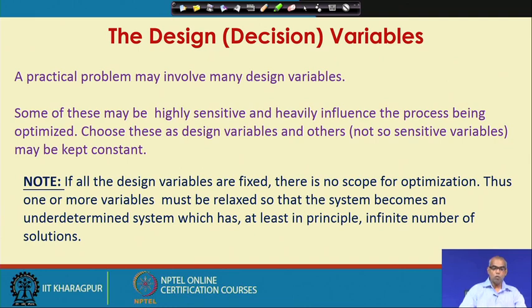Thus, one or more variables must be relaxed so that the system becomes an underdetermined system, which has, at least in principle, infinite number of solutions. So, if all the design variables of a given optimization problem are fixed, then there is no scope for optimization, because your system is completely defined and there will exist a unique solution to the problem.